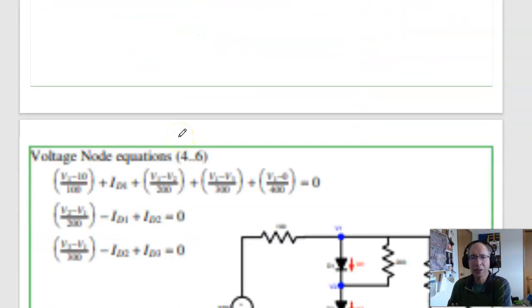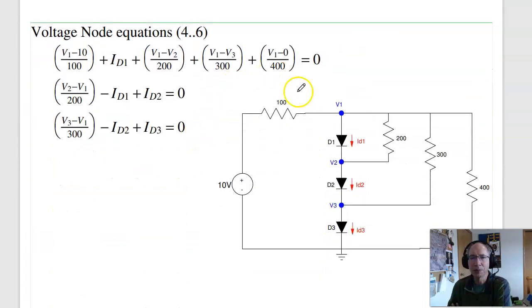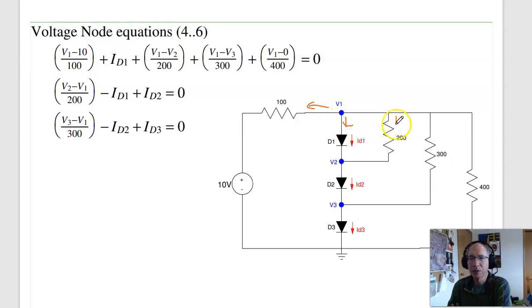The other 3 equations are your voltage nodes. At node 1, the currents have to balance. So all these have to add to 0. And when I do the current through the diode, just use ID1. So at this point, this will be V1 minus 10 over 100 plus ID1 plus V1 minus V2 over 200 plus V1 minus V3 over 300 plus V1 over 400 equals 0. This equation.